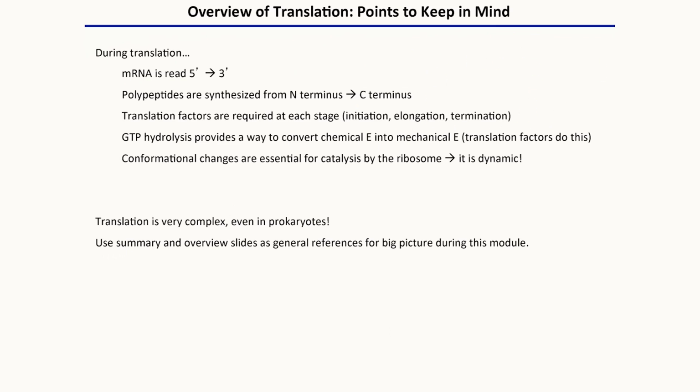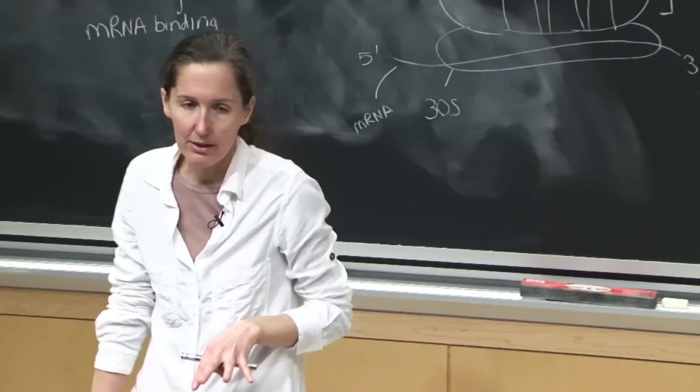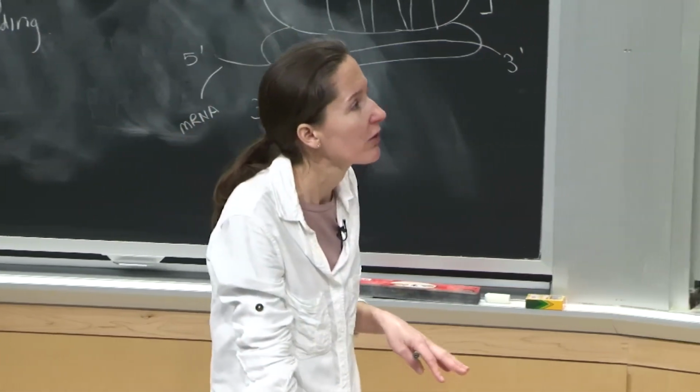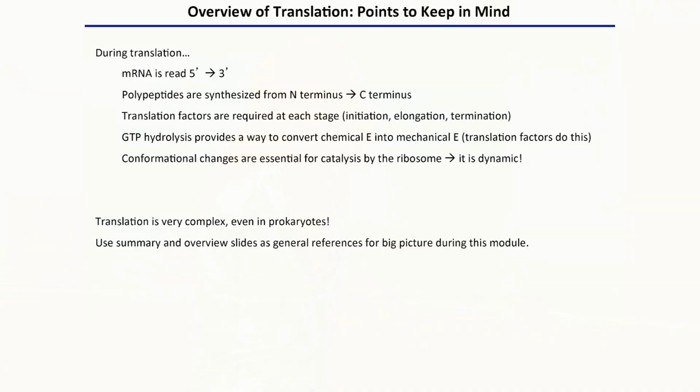Something that I haven't highlighted yet is the importance of GTP. In that initial overview of the cycle, we saw instances of GTP hydrolysis by certain translation factors. In this process, GTP hydrolysis provides a means to convert chemical energy into mechanical energy. We're going to think a lot about how GTP hydrolysis plays a role next week.